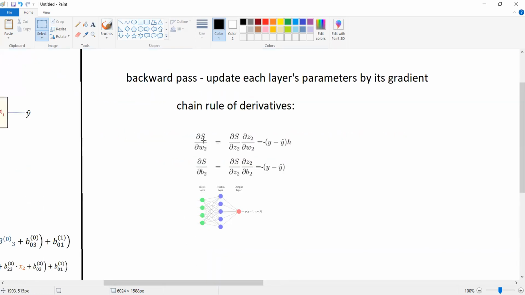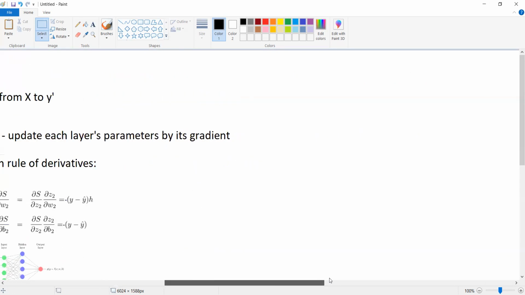Okay, the derivative with regard to something 2 layers backwards is equal to the derivative with regard to 1 layer backward times the derivative of that 1 layer with respect to the other layer backward. Okay, this we know.